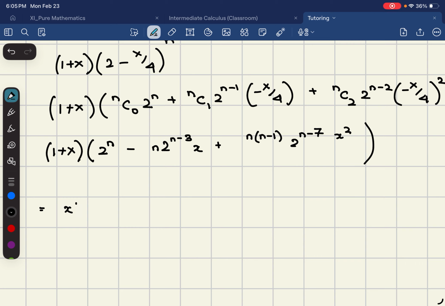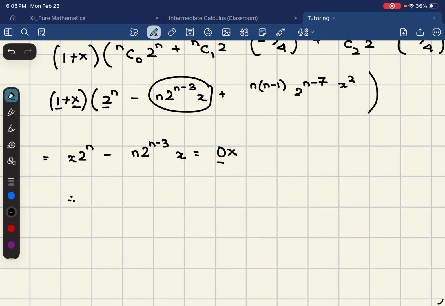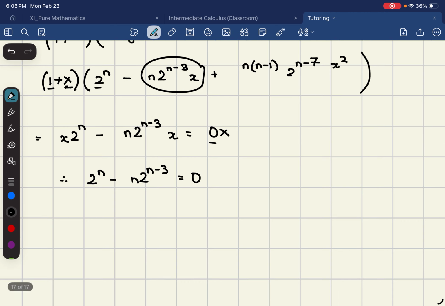Well, we can multiply 1 with the x term and x with the constant term, and that will be our overall x term. So 2 to the power n minus n times 2 to the power n minus 3, times x, is equal to 0x. We don't have an x term, so the coefficient has to be 0. Therefore, 2 to the power n minus n times 2 to the power n minus 3 has to be equal to 0.